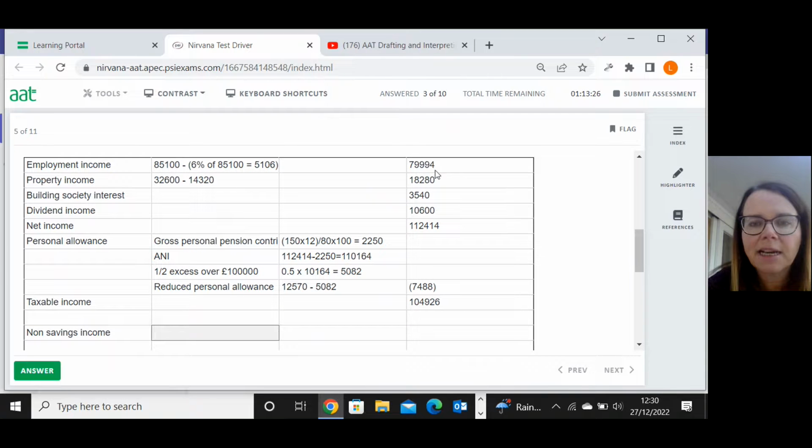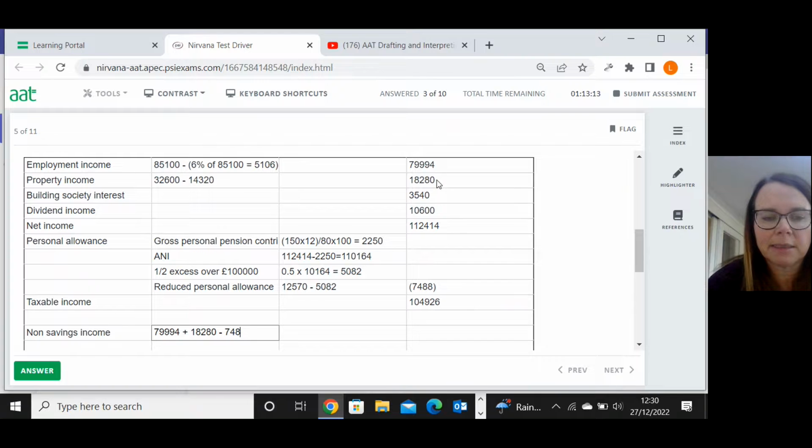And my non-savings income, remember, is going to be my employment income plus my property income minus my personal allowance, because the personal allowance is always deducted from non-savings income first.